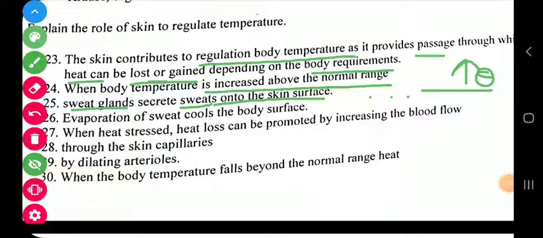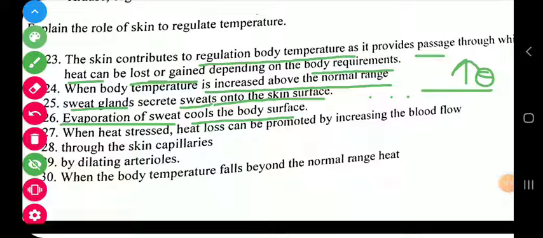Very easy. So evaporation of sweat cools the body surface, doesn't it? So when sweat evaporates from our body surface, right, it cools the body surface. It takes up the heat and evaporates, right?